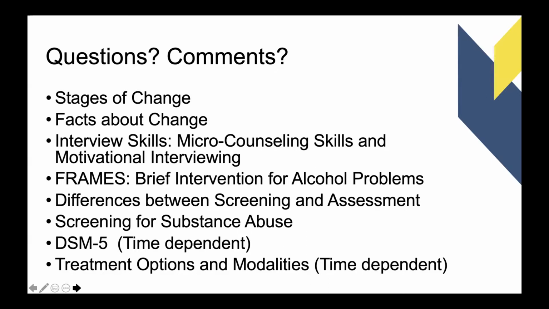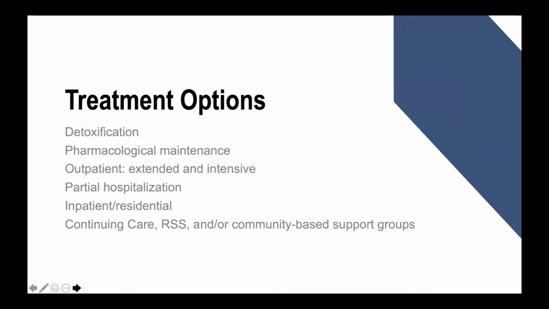Okay, no more questions. I have a few more slides to continue here. And looking at the treatment options, this is looking at detoxification, pharmacological maintenance, outpatient, extended and intensive, partial hospitalization, inpatient residential treatment, and continuing care or community-based support groups.